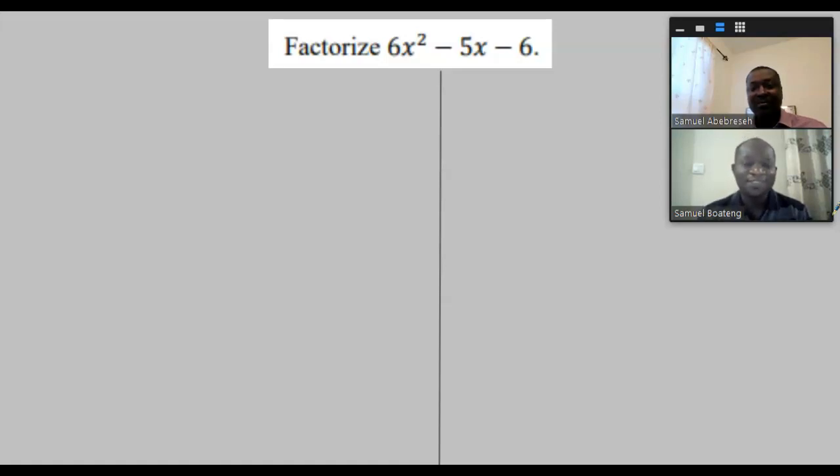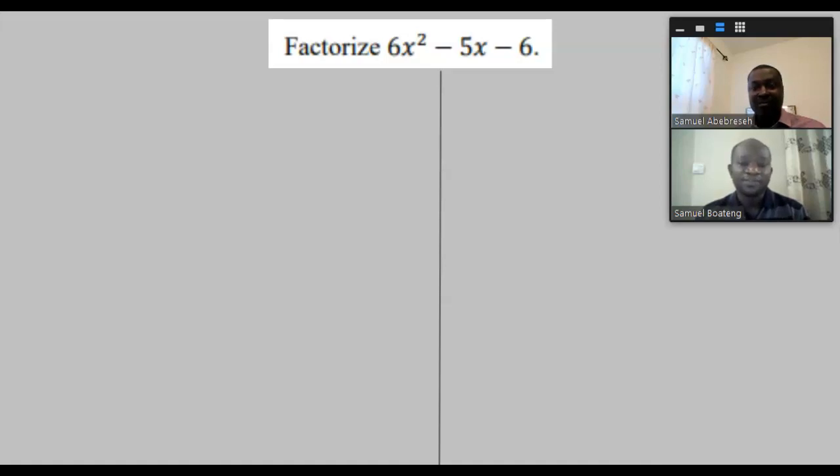We just want mathematics to be interesting to every student. So today we want to do something about algebraic expression. There are many parts, but we want to concentrate on factorization. And under factorization, we have so many ways of factorizing an algebraic expression. And we want to narrow it to quadratic trinomial.